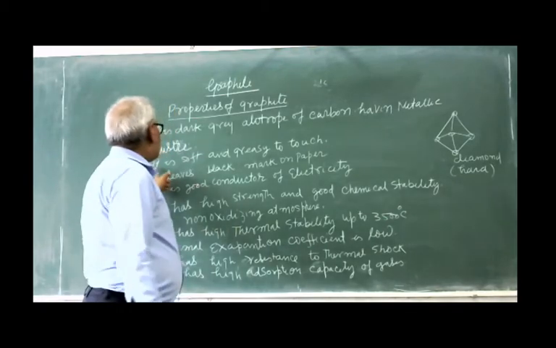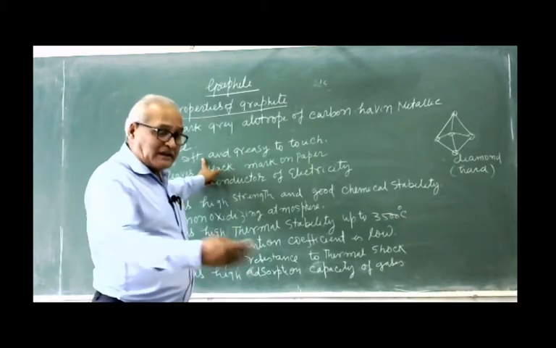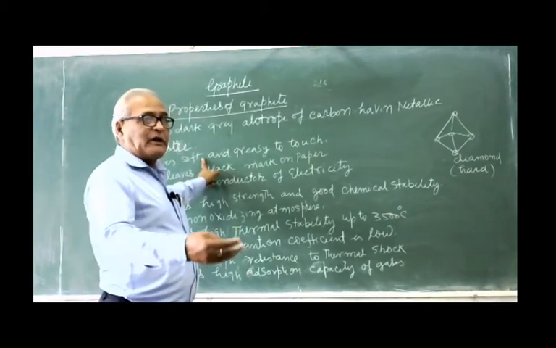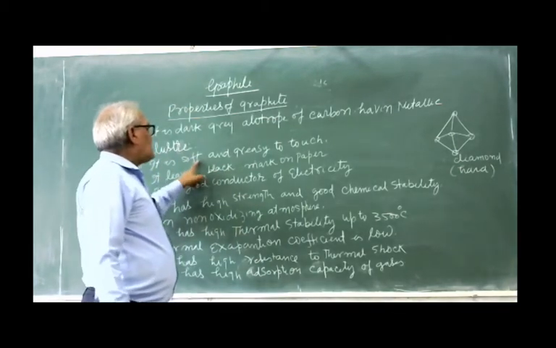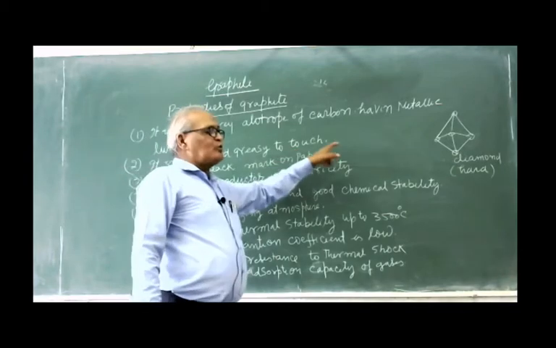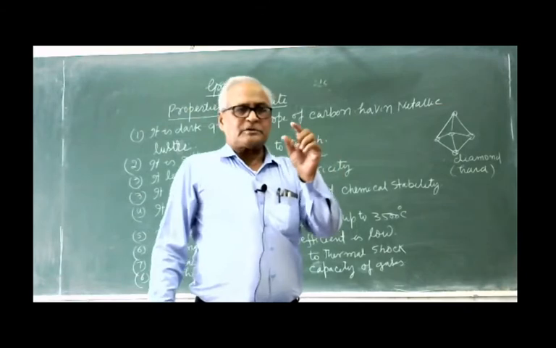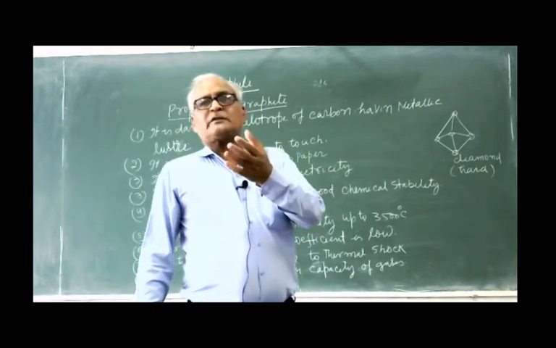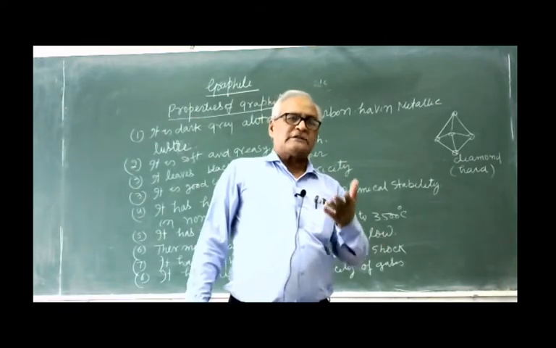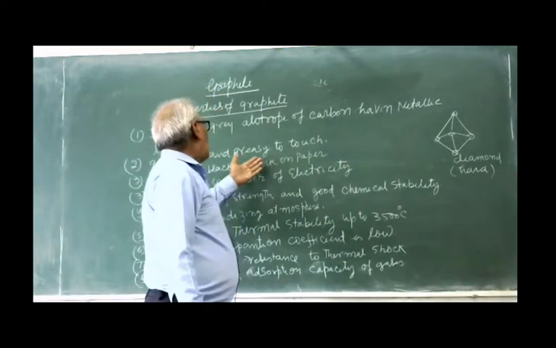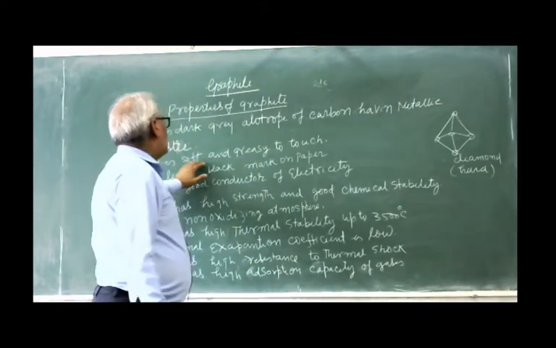Second thing, graphite is soft. We make it hard artificially. Originally graphite is soft and greasy to touch. ग्रेफाइट को आप टच करोगे तो जिस प्रकार से आपको ग्रीस जैसा टच महसूस होता है, exactly you can feel greasy touch of the graphite.